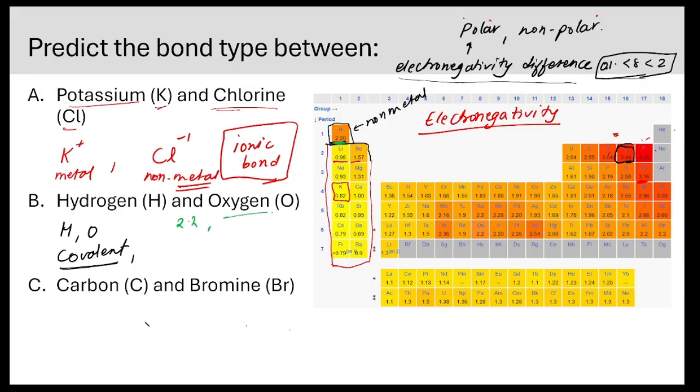Electronegativity of oxygen is given here, 3.44.